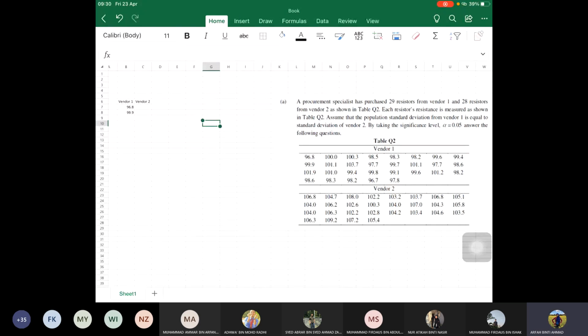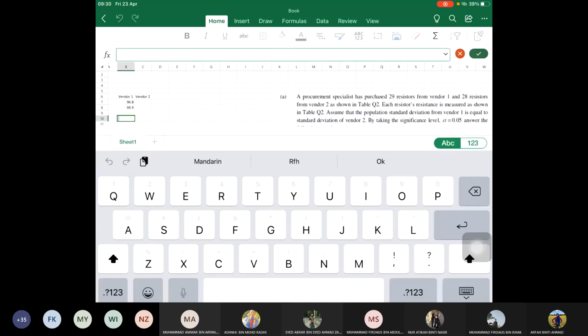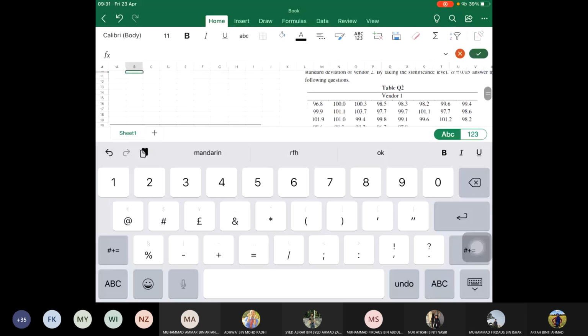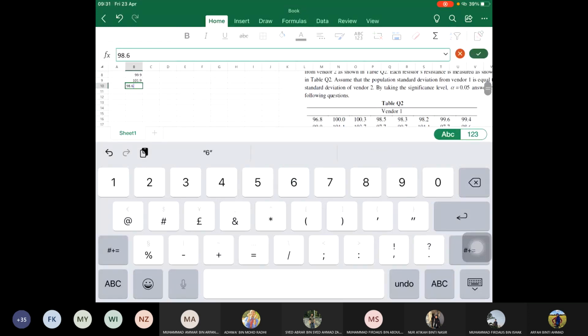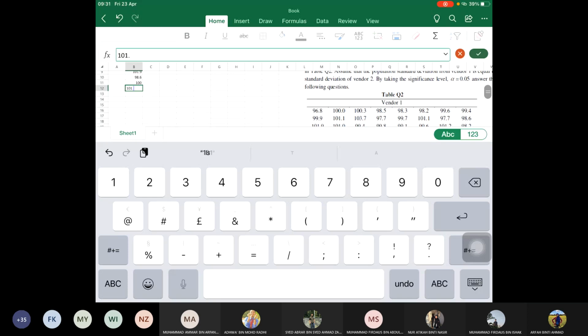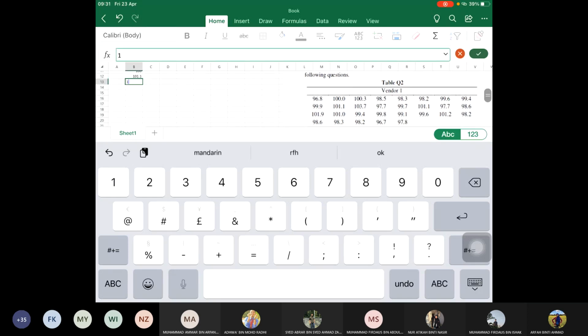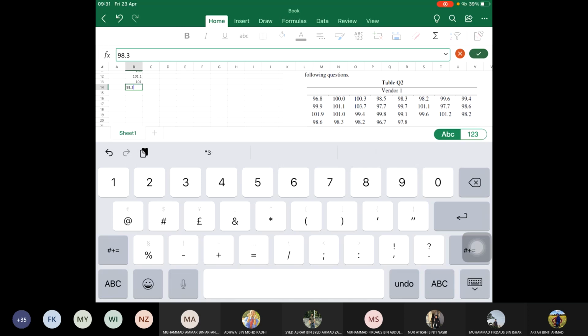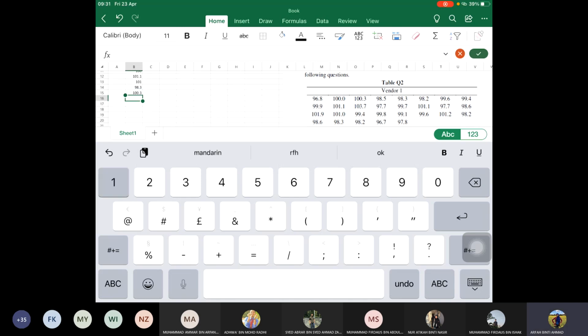And then bagi saya berapa jawapan akhir. 100.3, 103.7, 99.4.